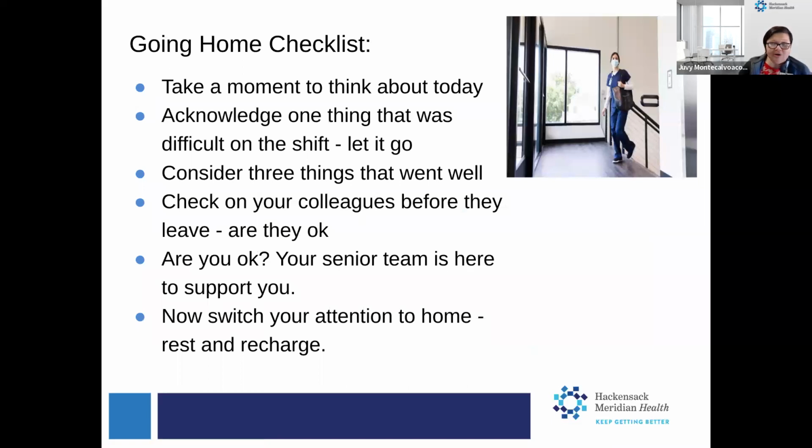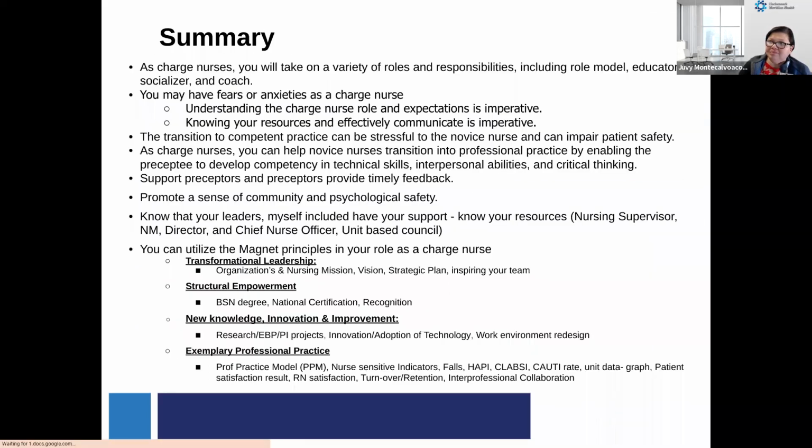Consider three things that went well. That's a great reflection on what things went well and maybe some opportunities. Check on your colleagues. How are you? Are you okay? If it was a difficult code, check in on them, right? Then switch your attention to going home and rest and recharge. That's really key in being resilient.